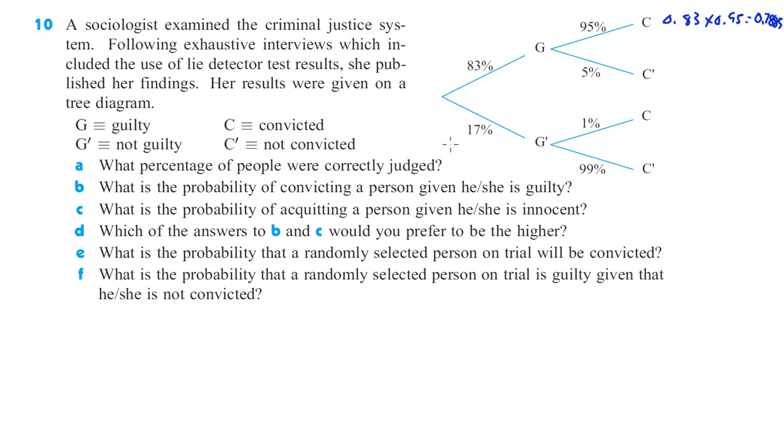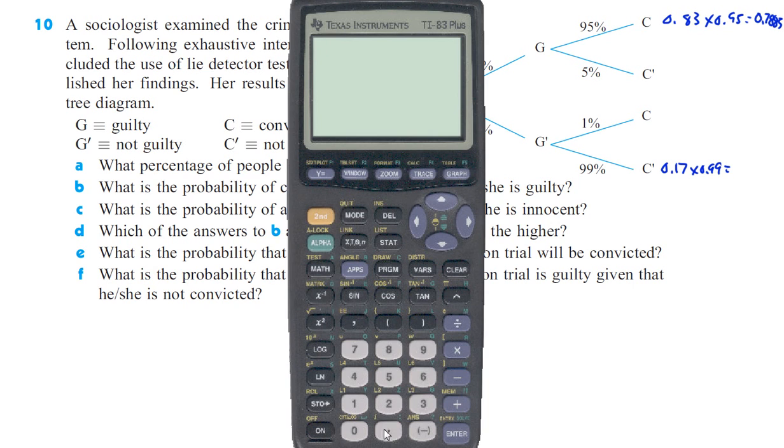And let's see, so these were the people that were not guilty and not convicted. So that's going to be this one here. So that's 0.17 times 0.99, which gives us 0.1683.